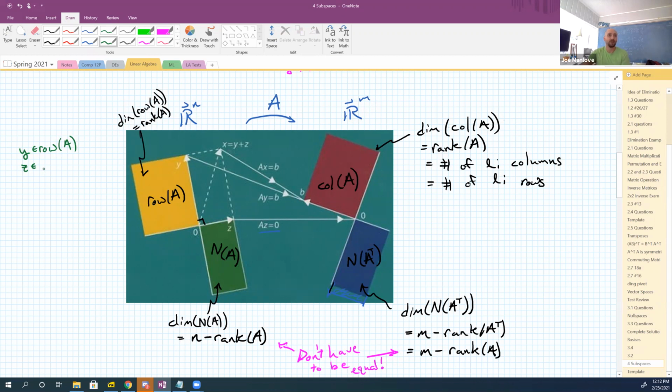So Z's in the null space of it. Now, this isn't yet clear. I have a little work to do with this. But X in the domain, so X in Rn, can always be rewritten as a Y in the row space plus a Z in the null space.